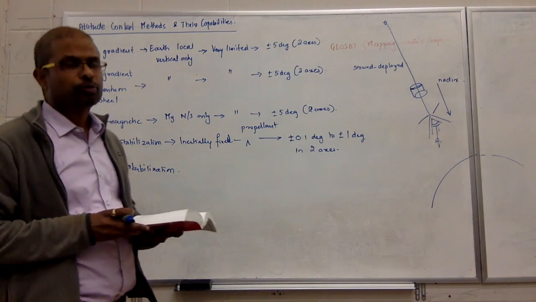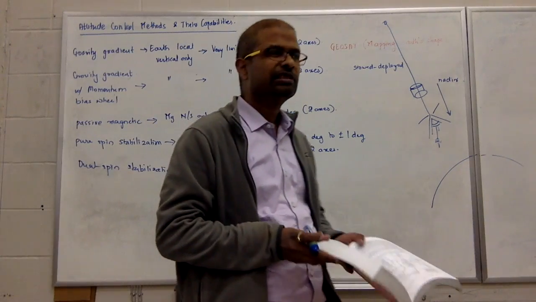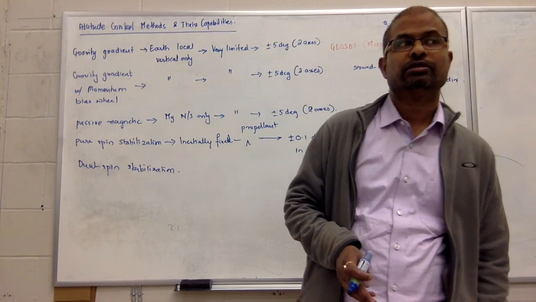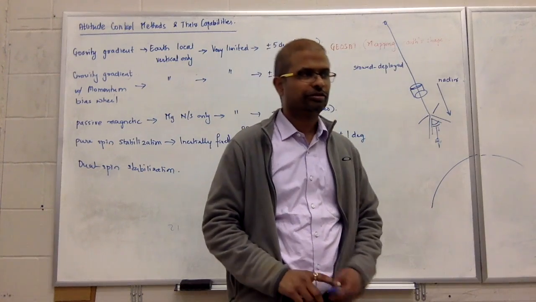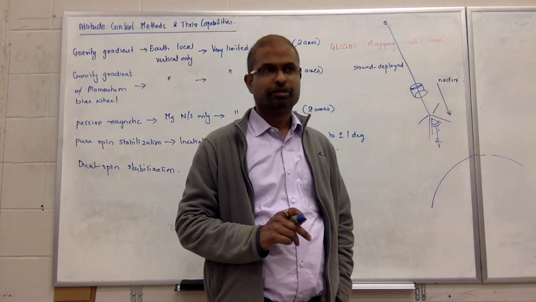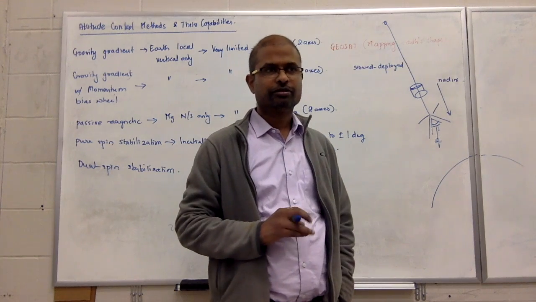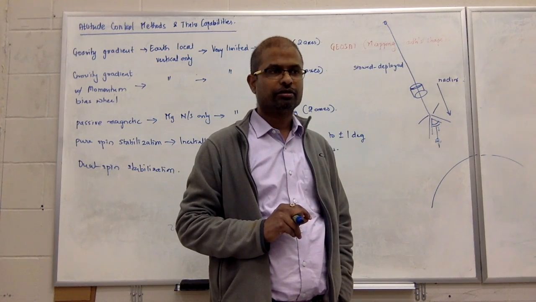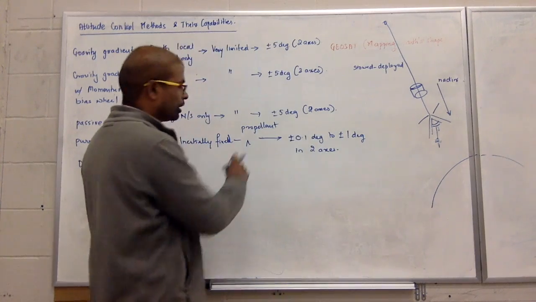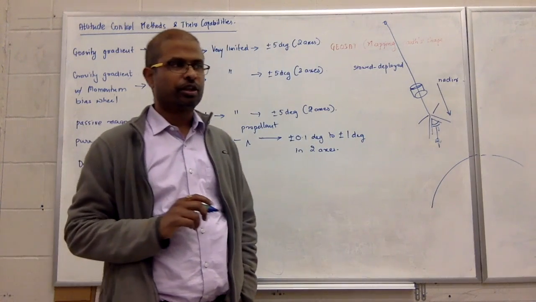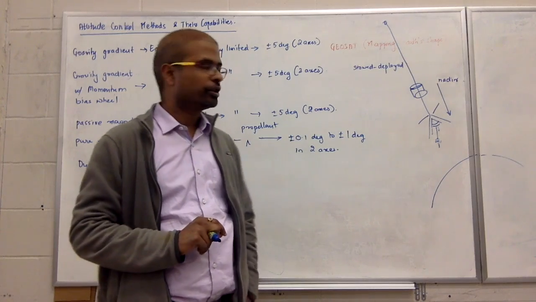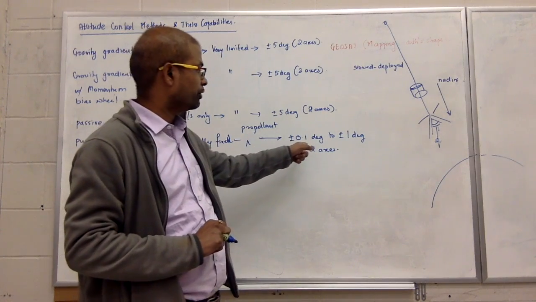How would you spin using propellant? Fire in one direction, and in whichever direction it is spinning, you fire the propellant to counter that spinning. Here you are using propellant, and the accuracy.